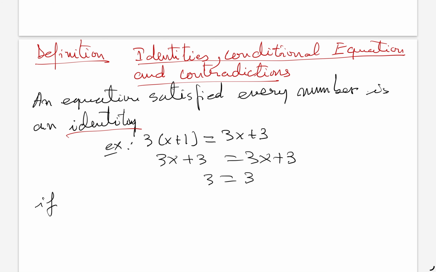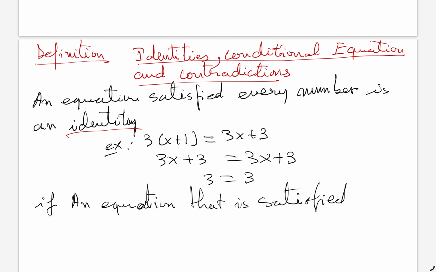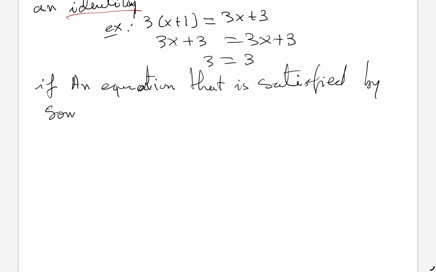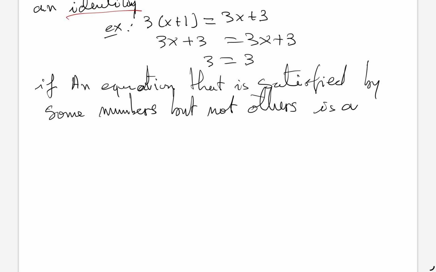So if an equation is satisfied only by some numbers but not others, in that case it is called a conditional equation.